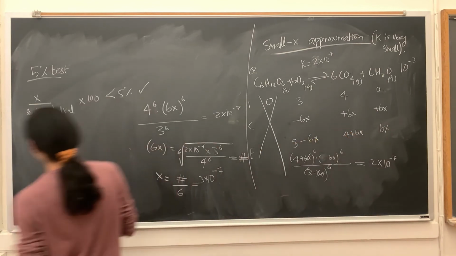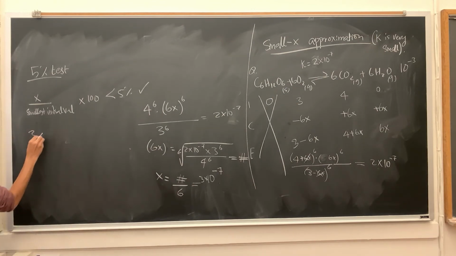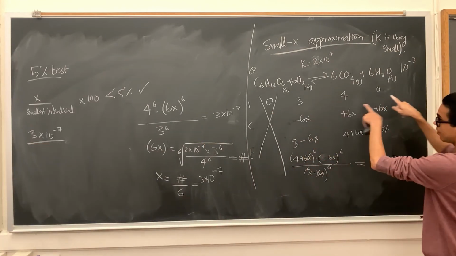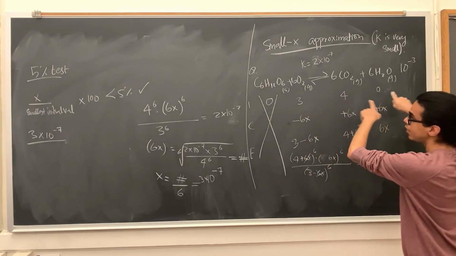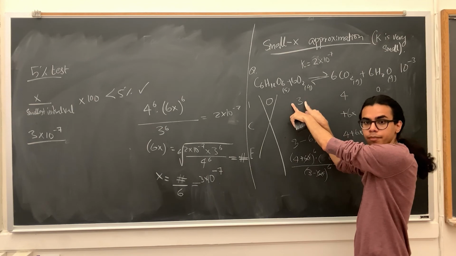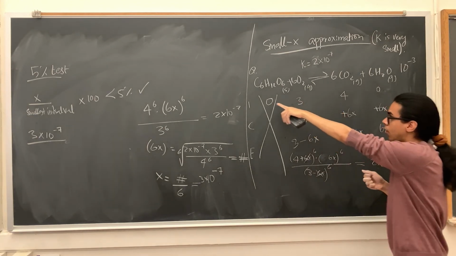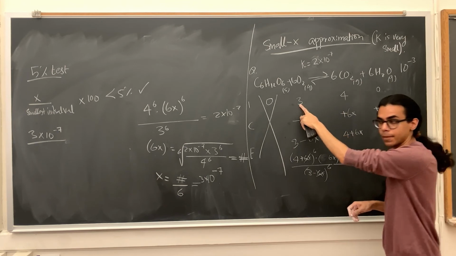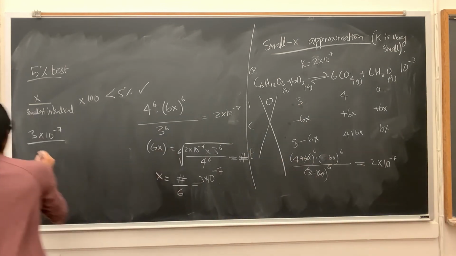So the 5% test would be 3 times 10 to the negative 7, the x value that we found, divided by the smallest initial value. Which of these has the smallest initial value? Anywhere, products or reactants? 3, right? Look at all the initial values, pick the smallest one, 3. That goes in the denominator.